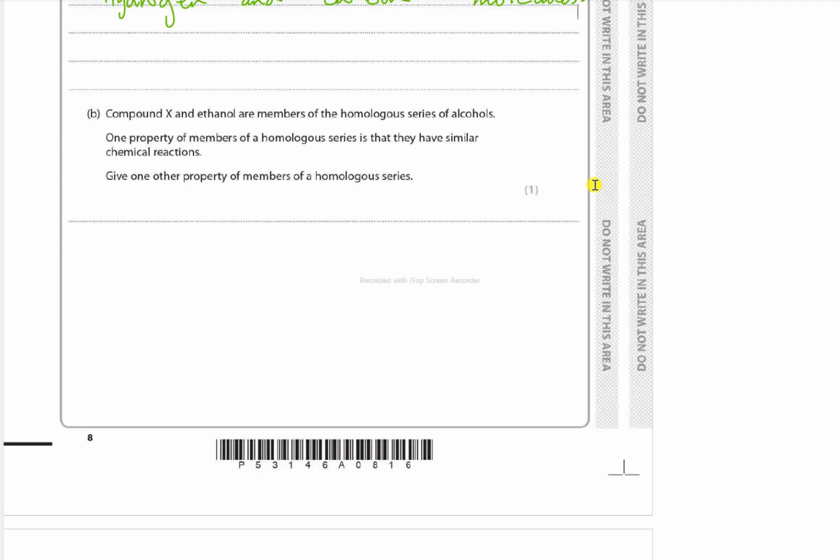Compound X and ethanol are members of the homologous series of alcohols. Here they've said they've got similar chemical properties and a trend in physical properties. What can you say? They have the same functional group.